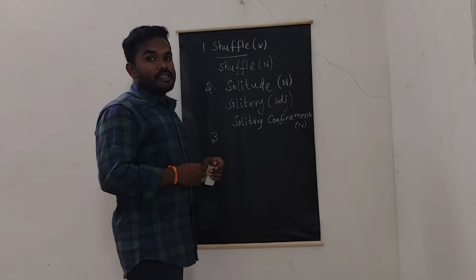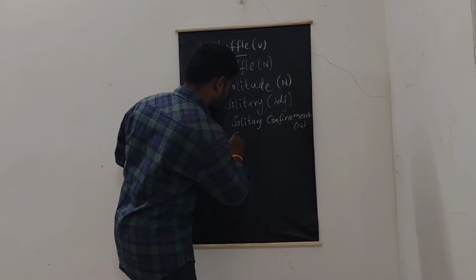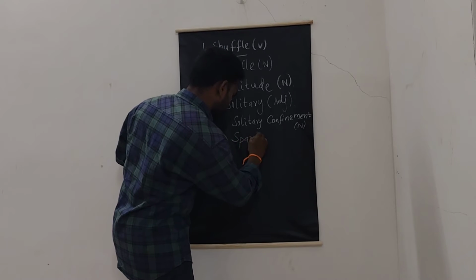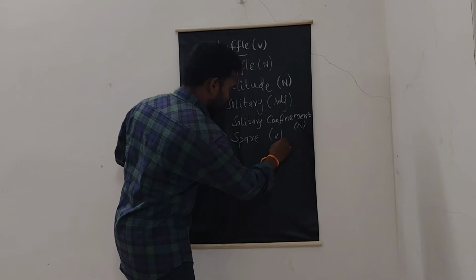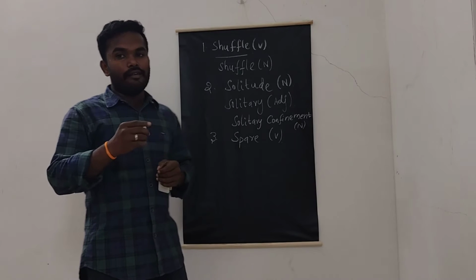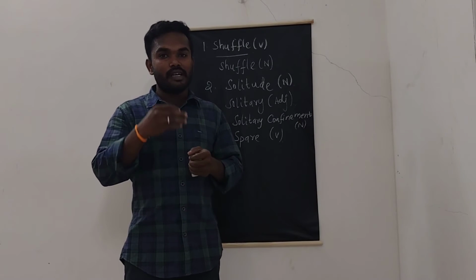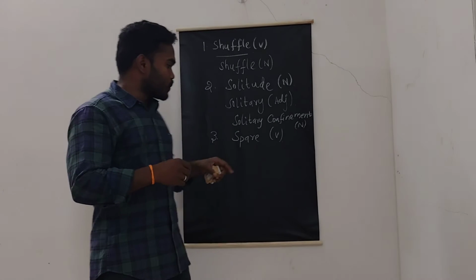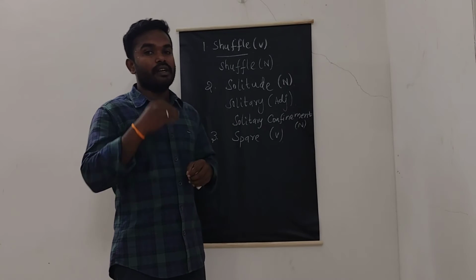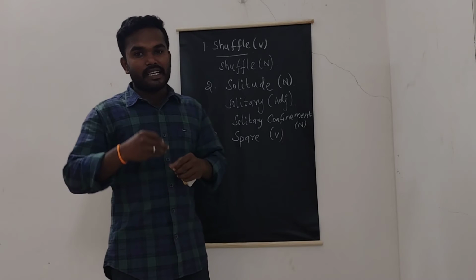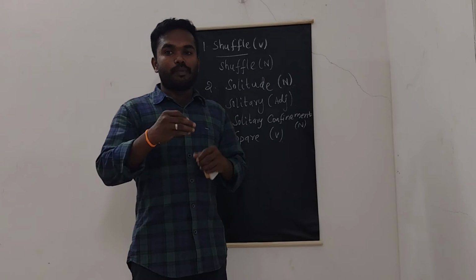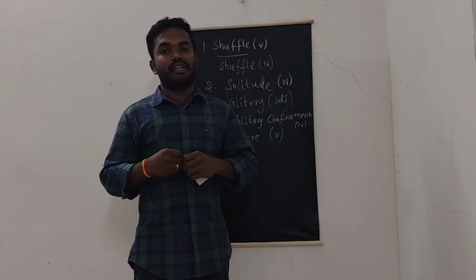The third word is spare. It is a verb, which means to not hurt or destroy something or someone. That is what it means to spare in terms of verb. The example sentences are, they asked him to spare the women and children.